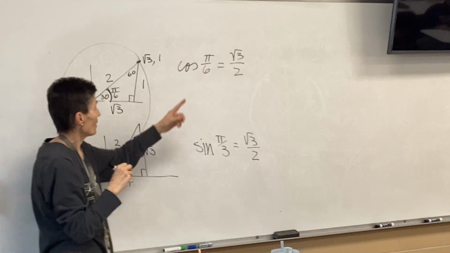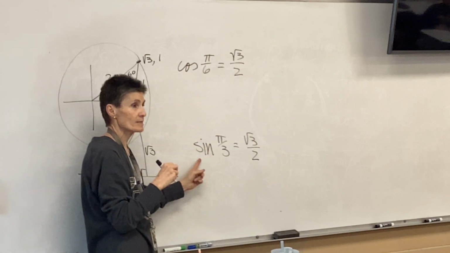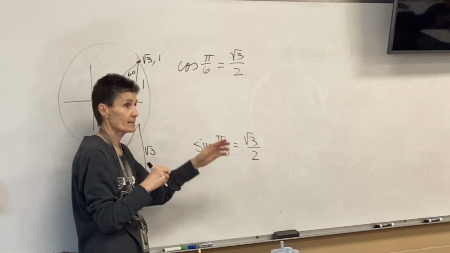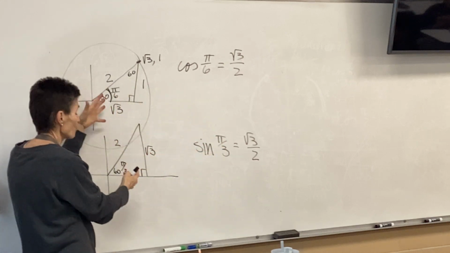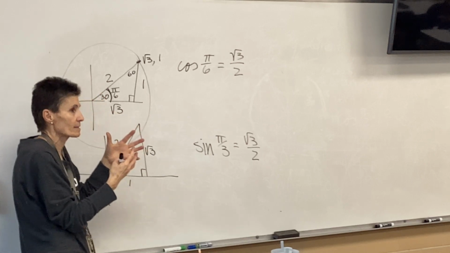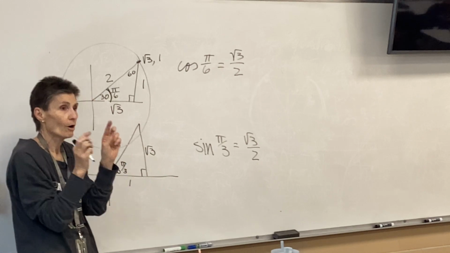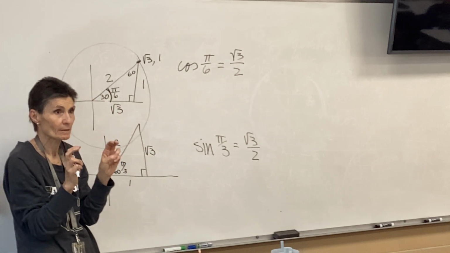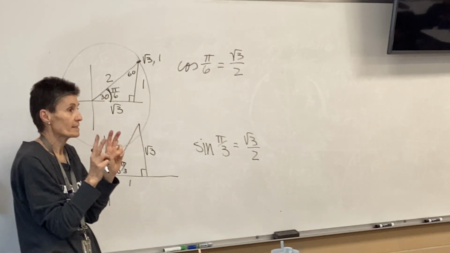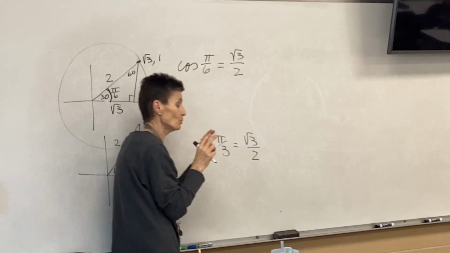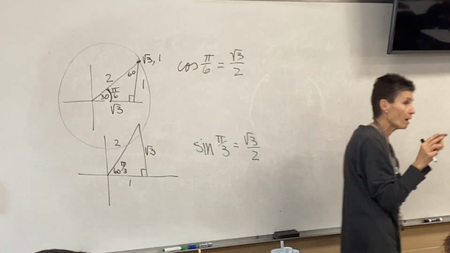Interesting that the cosine of 30 and the sine of 60 are the same. If you look at the triangles, it kind of makes sense. Sine and cosine are co-functions. Co stands for complementary. What did you learn in geometry about complementary?